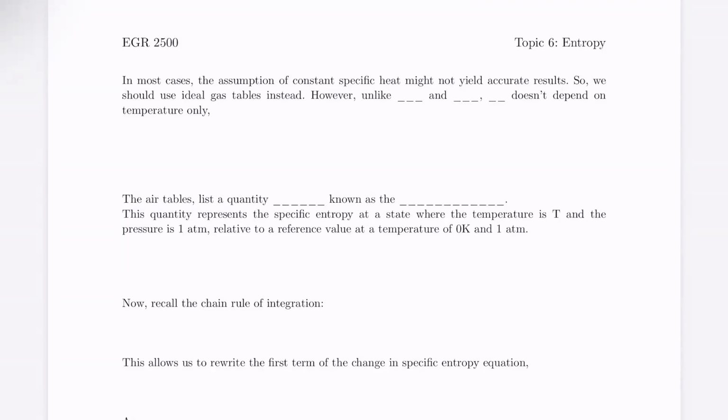However, unlike internal energy and enthalpy, entropy doesn't depend on temperature only. So it looks like, if you remember, we have S2 minus S1 is equal to the integral between T1 and T2 of Cp, which is a function of temperature, over T dT, minus R times the natural log of the pressure ratio.